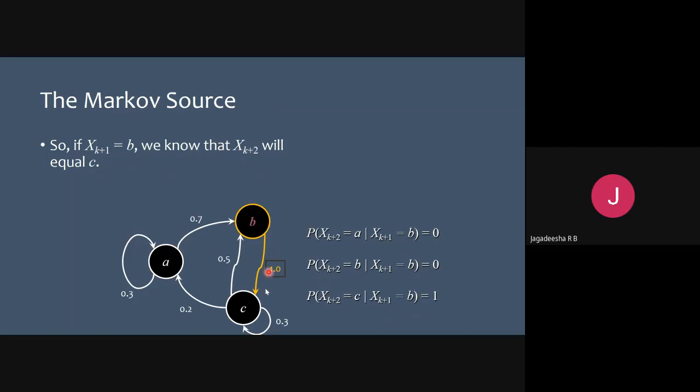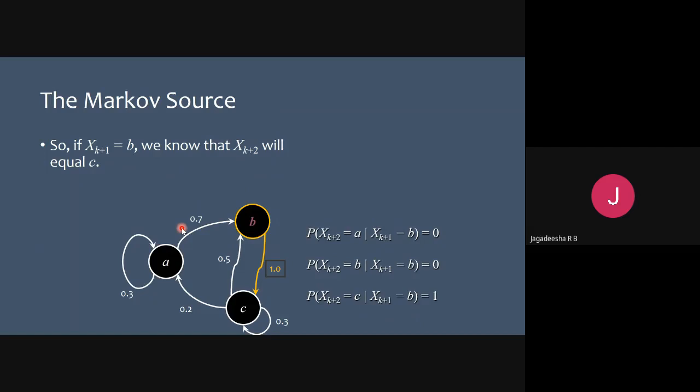So if such a state diagram is given, you should be able to write the conditional probability. If the conditional probability is given, then you must be able to write its state diagram to analyze further. This is one of the skills you need to acquire from this discussion.